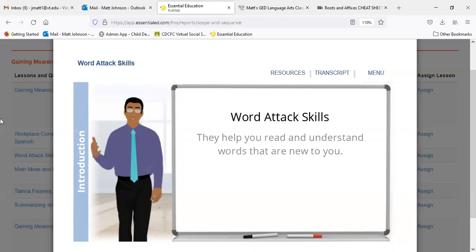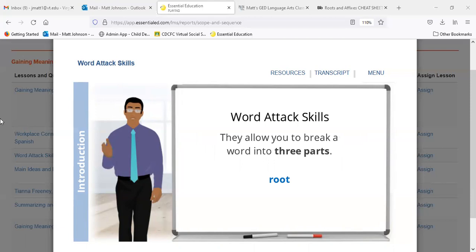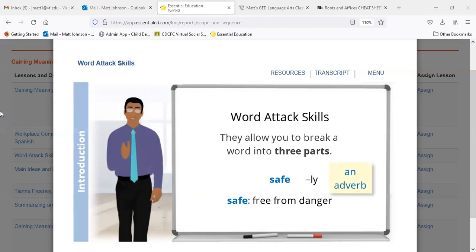Word attack skills allow you to break a word into 3 parts. There's the root, that's the base of the word. Then there's the prefix and suffix. They come before and after the root. These 3 parts work together to give a word its meaning. For example, think of the root safe. The word safe describes something that is free from danger. Adding the suffix "ly" changes the word into an adverb. An adverb is a word that describes an action.